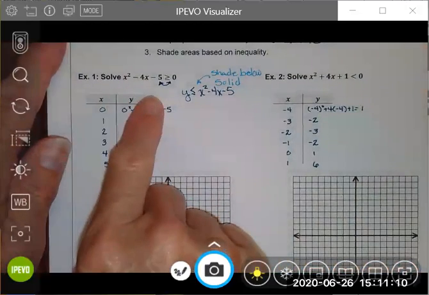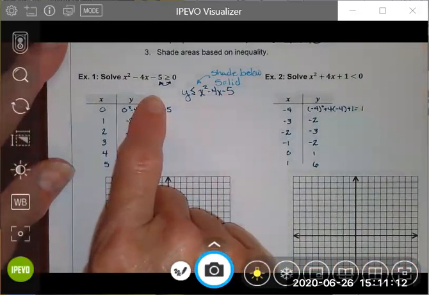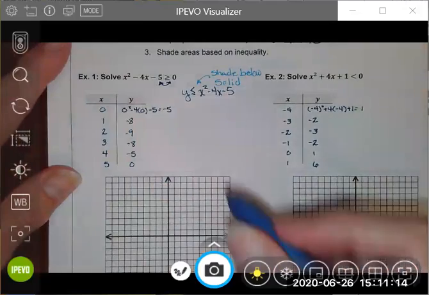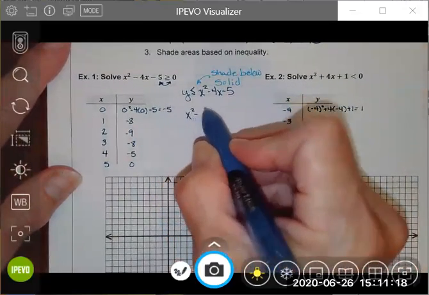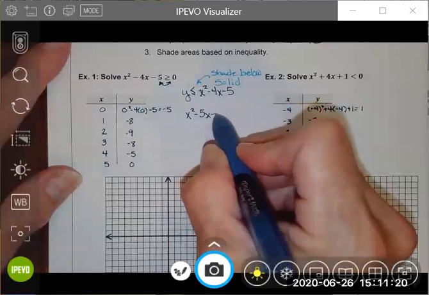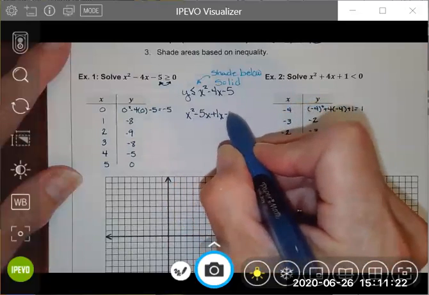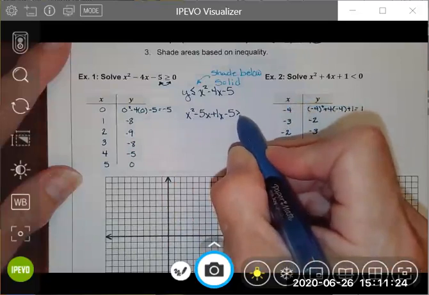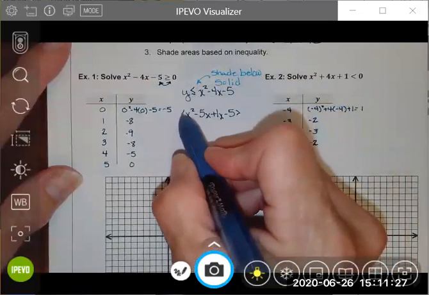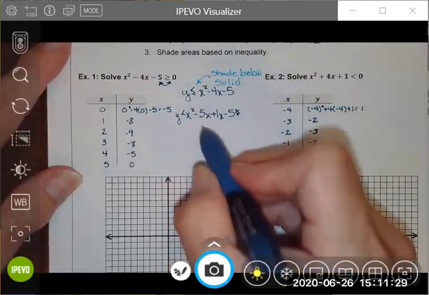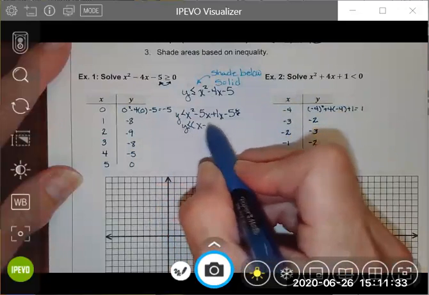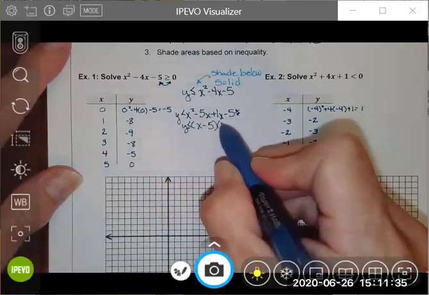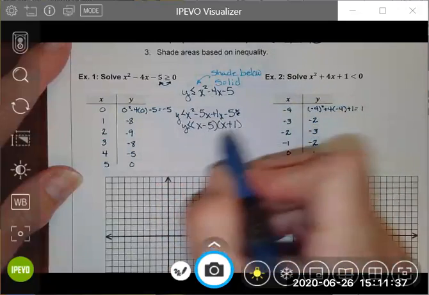If I wanted to, I could try factoring this, and absolutely it would be factorable. If you use your factorizations, then I would do x squared minus 5x plus 1x minus 5 is greater than, well, I guess we switched it, so this would be y is less than. And I can go on and say that this is x minus 5, x plus 1, and I did the grouping there.